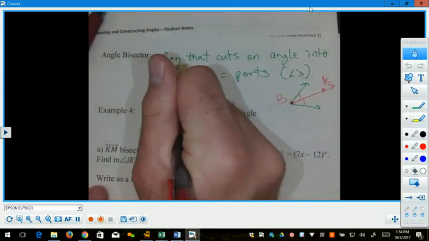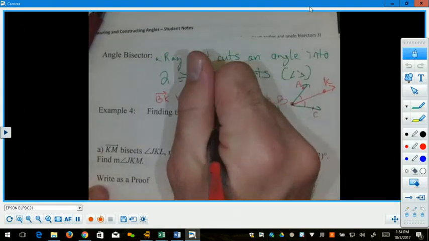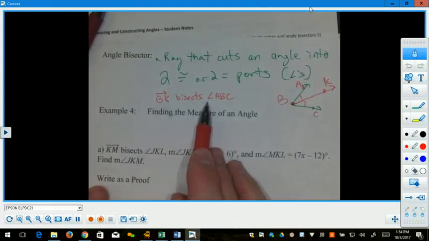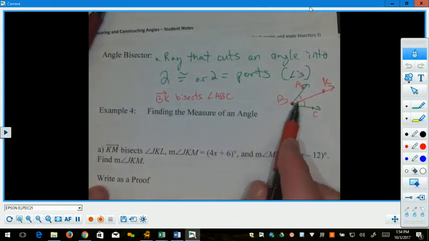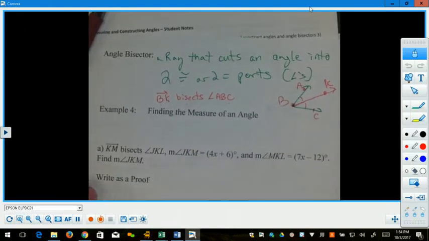BK bisects, let's call this angle ABC. So this is the notation I would use. BK bisects angle ABC. In the picture, to indicate that it is a bisector, I draw the congruent arc marks.